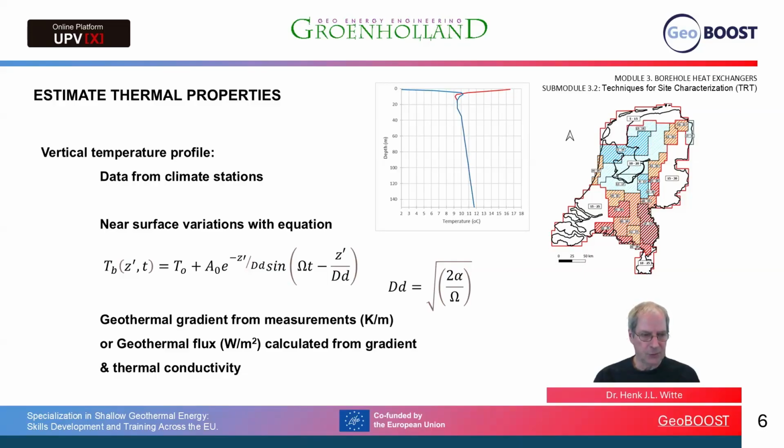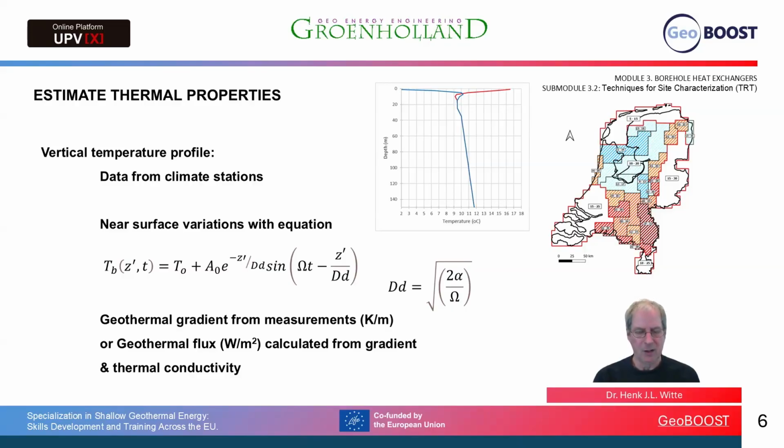For the geothermal gradient, we actually need much more detailed information about temperature increase with depth. You can see a little map here that we've created for the Netherlands, where we have different zones with different thermal gradients. Even in a small country like the Netherlands, this varies between 10 to 15 degrees per kilometer to about 30 to 35 degrees per kilometer.